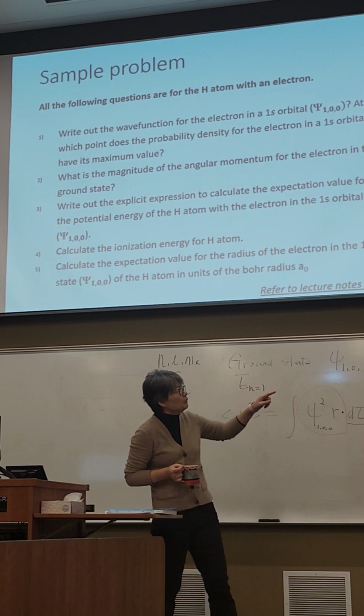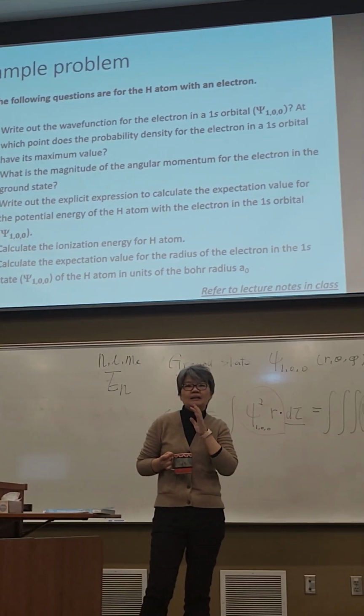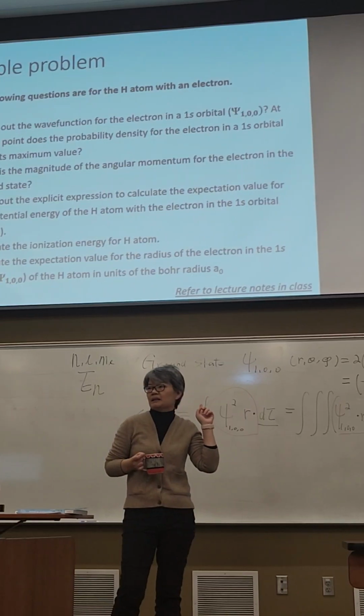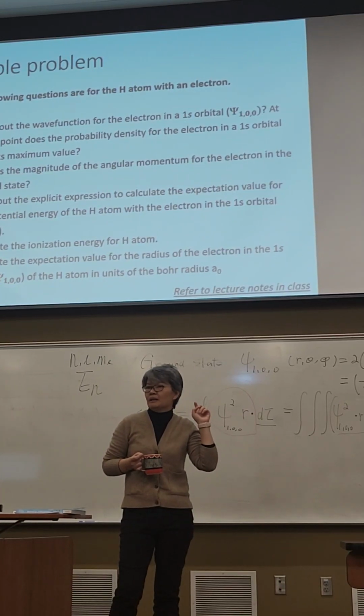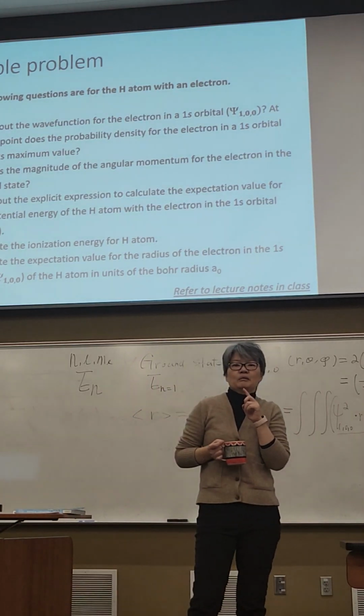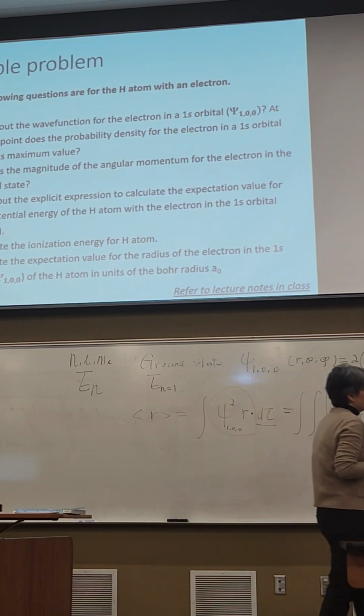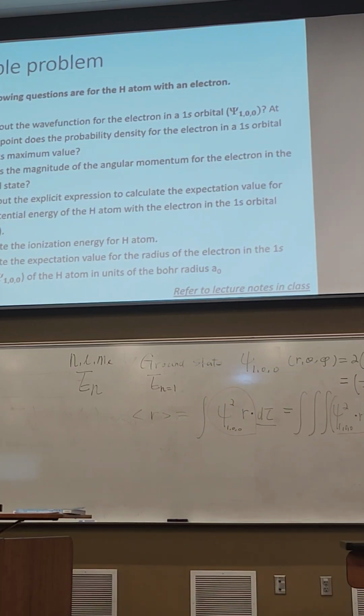You guys will probably be happy to see a question like this. Why is that? It does not ask you for the final answer. What is it asking you for? To set it up. As long as you can set up all the way to here.